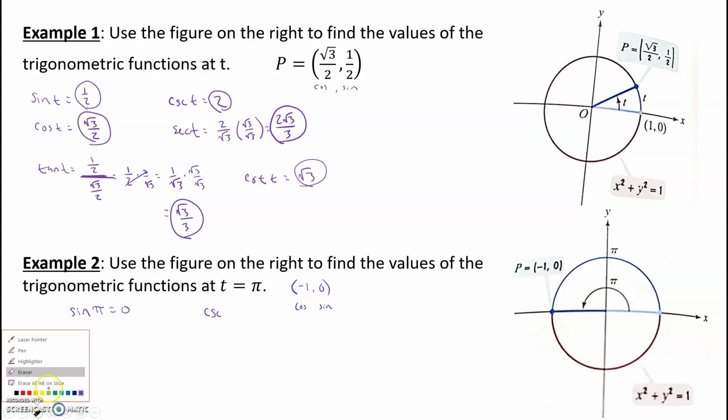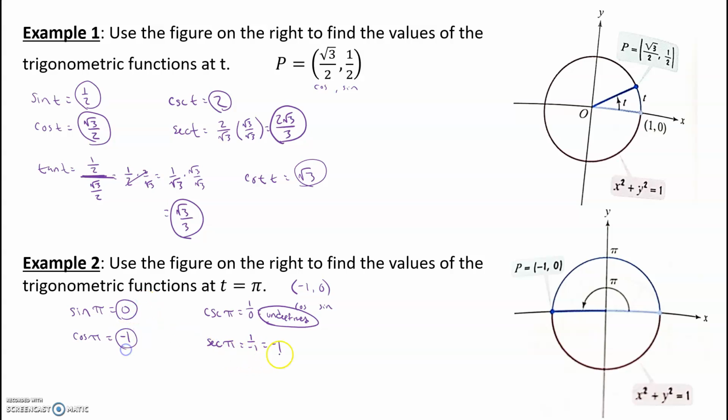Remember, cosecant is 1/sine. So the cosecant of pi is 1/0, which is undefined. Okay, undefined. Cosine is -1, which means secant of pi is 1/-1, which is -1.